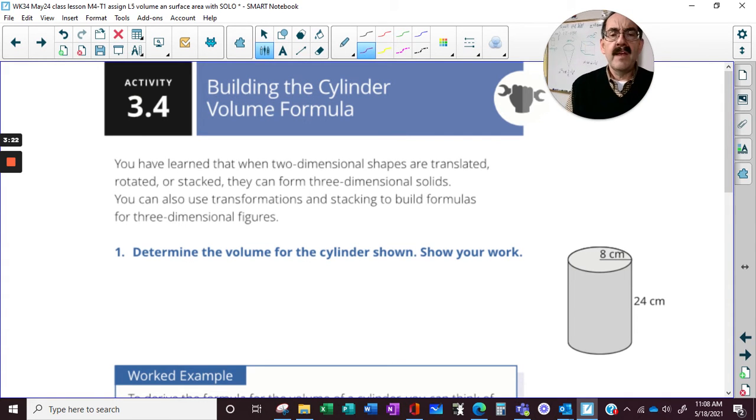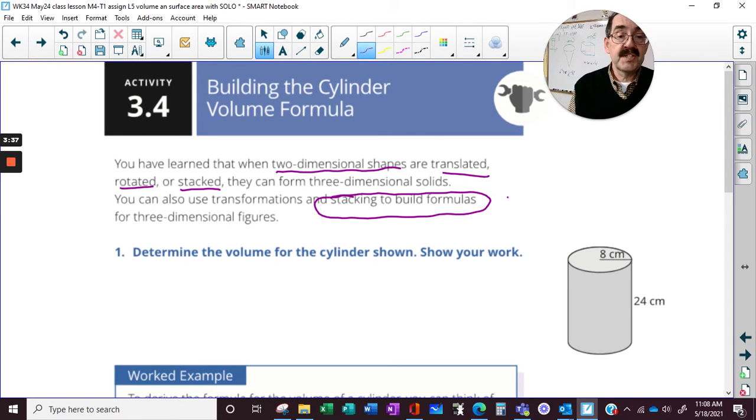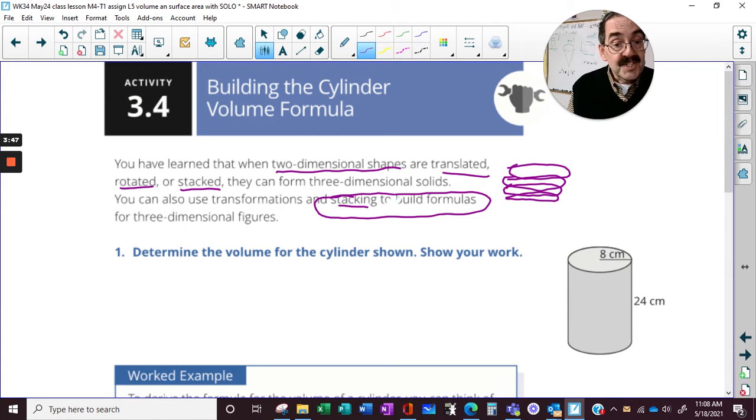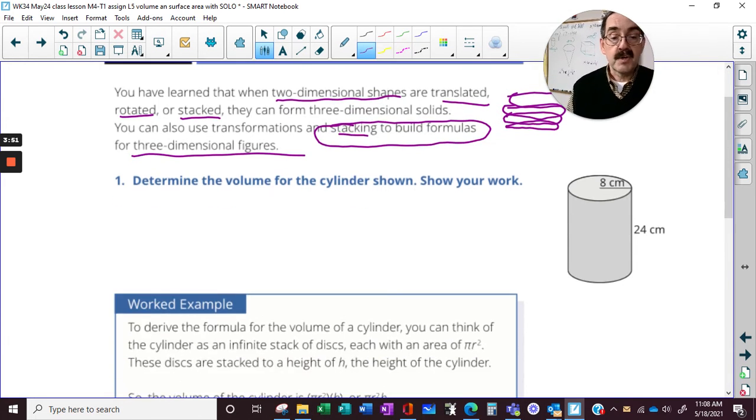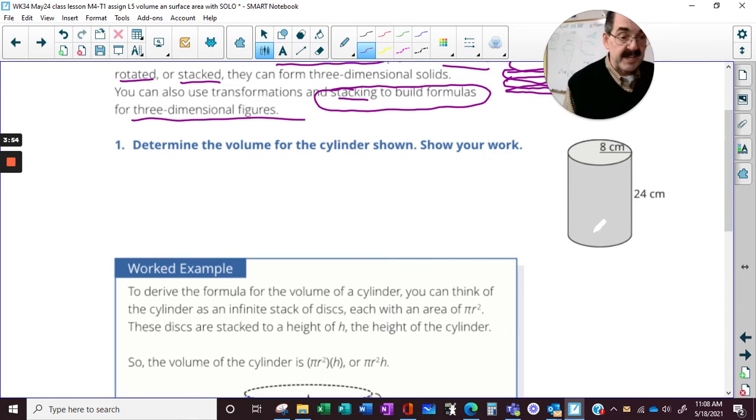Okay, so if you were to actually work out of the book, two-dimensional shapes are translated, rotated, or stacked. They can form a three-dimensional solid. So if we stack a whole bunch of these circles on top of each other, we build a three-dimensional figure. Okay, so in this particular case, imagine, I'll grab yellow here.